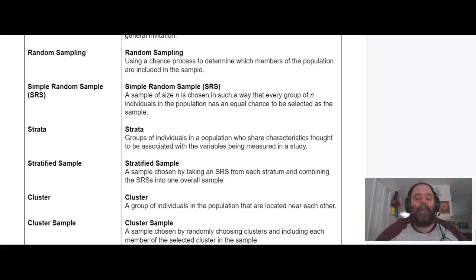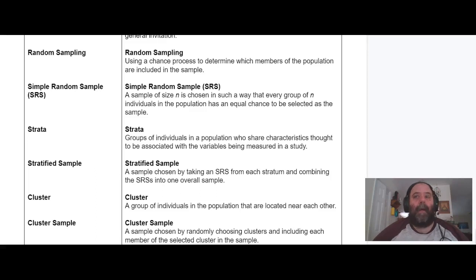So, for example, if I'm doing an experiment where I'm trying to control against something like age, right? So I'm testing a COVID vaccine, and I want to test against age. What I might do is take my population and bracket them into age groups, right?